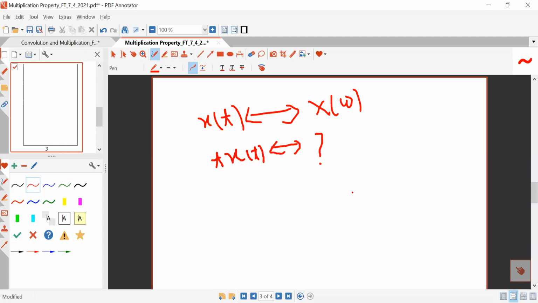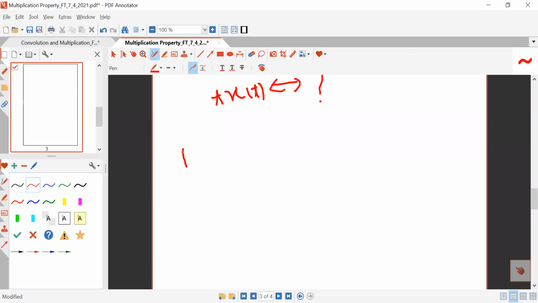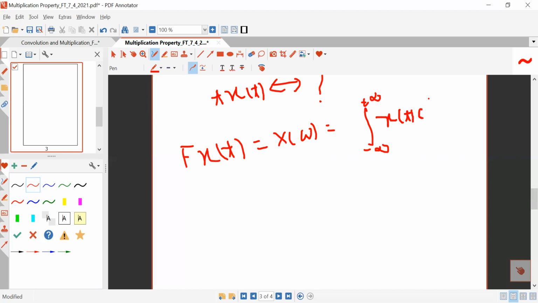You can easily determine the Fourier transform of t x(t), because you know the Fourier transform of any signal x(t) will be equal to X(omega), and X(omega) will be the integral from minus infinity to plus infinity of x(t) e to the power minus j omega t dt. This is the Fourier transform of any signal x(t).